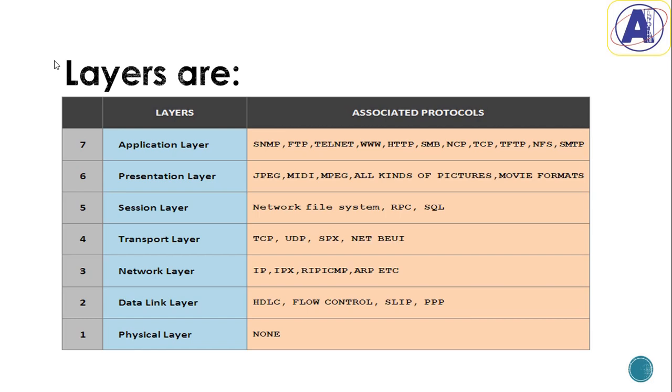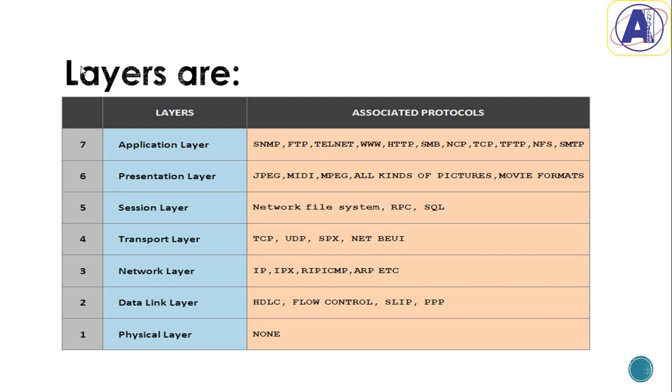Okay, what is the presentation layer? The presentation layer is the sixth layer of the OSI model. It is the layer of the OSI, Open Systems Interconnection model, that establishes context between application layer entities, in which the higher layer entities may use different syntax and semantics if the presentation services provide a mapping between them.